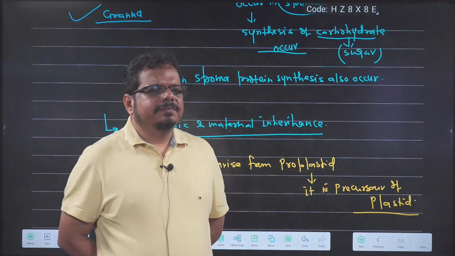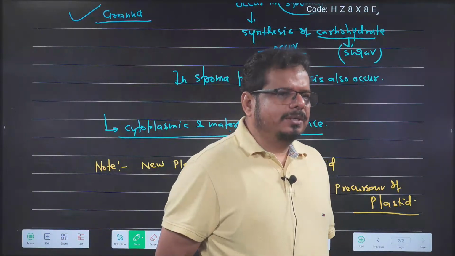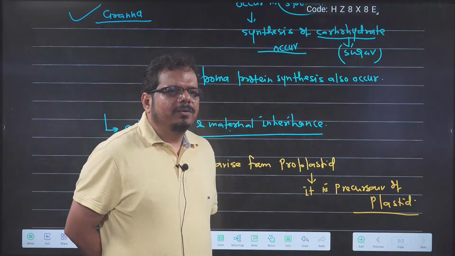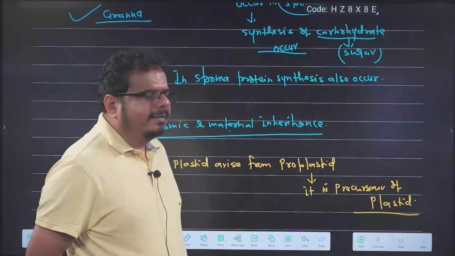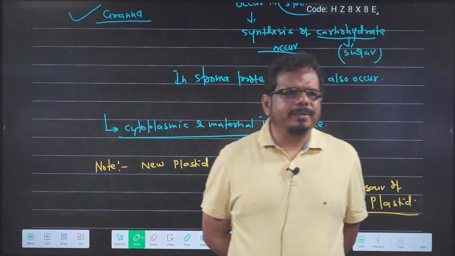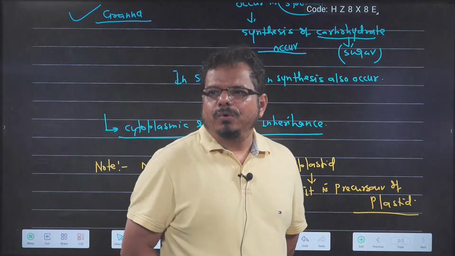Is it clear? Right? So now you can even go for the NEET question and try to handle a question on chloroplast. You will manage to do it. Of course, dark reaction is also called the biosynthetic phase. Good one. That we will talk about in photosynthesis. So chloroplast as a cell organelle is over.